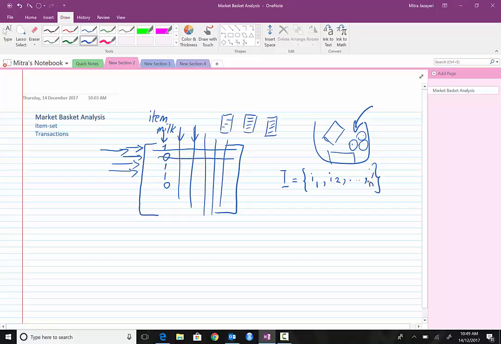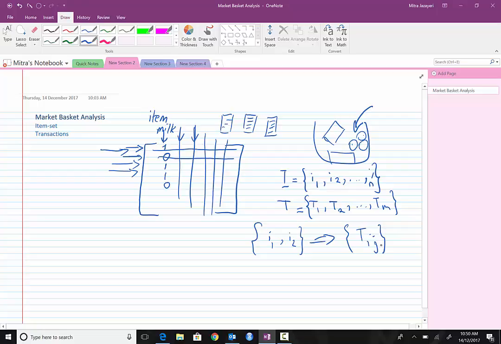And then the transaction set would be T, and it would be T1 and T2, and it goes up to TM. And say that the rules, for example, can be, if I have got I1 and I2, then say Ij, for example. So what do we mean?